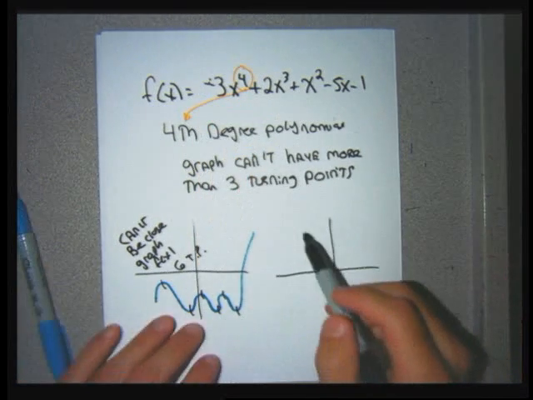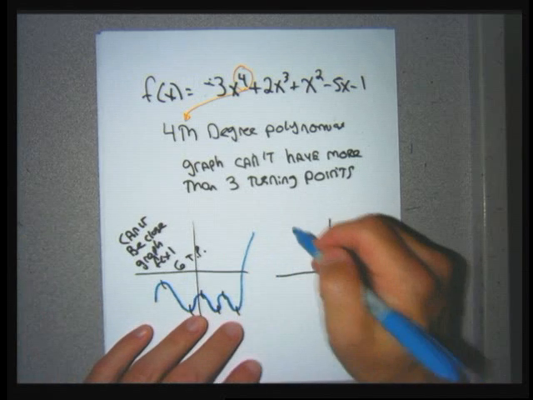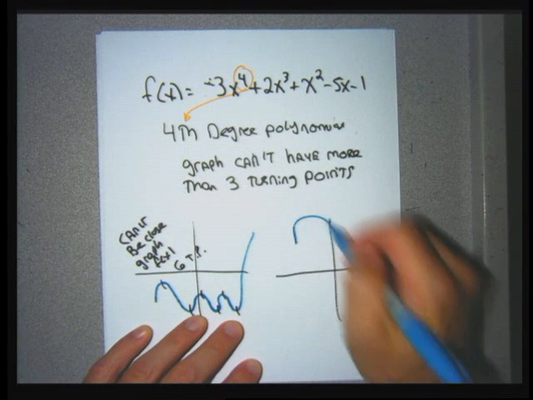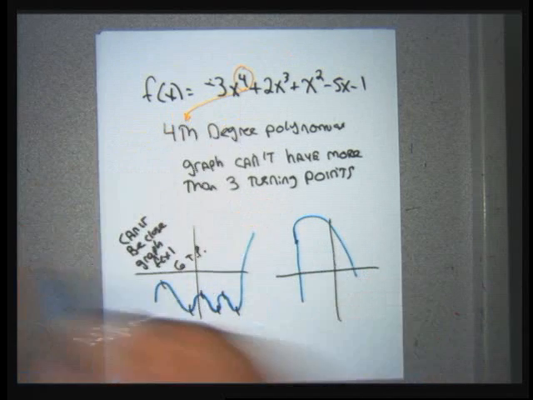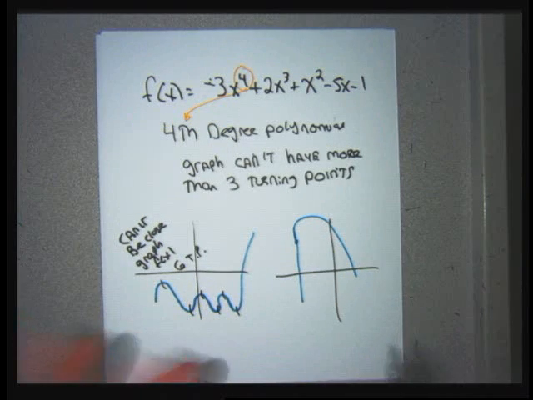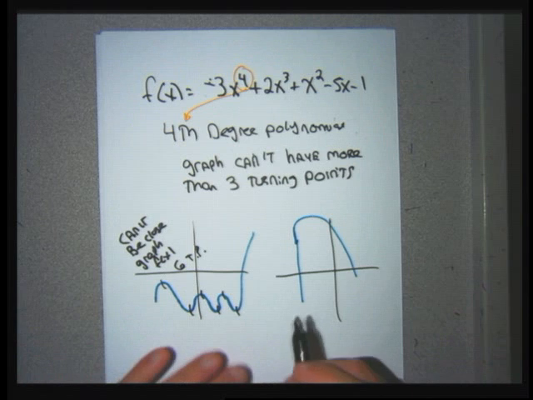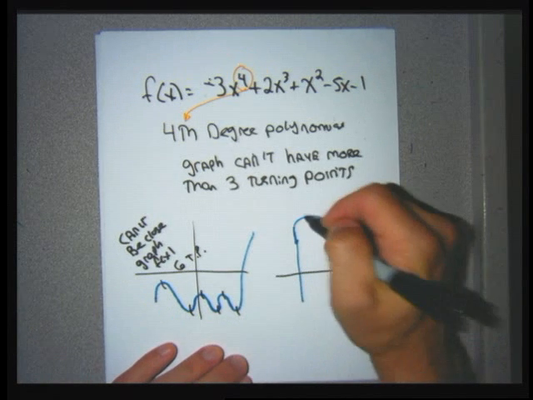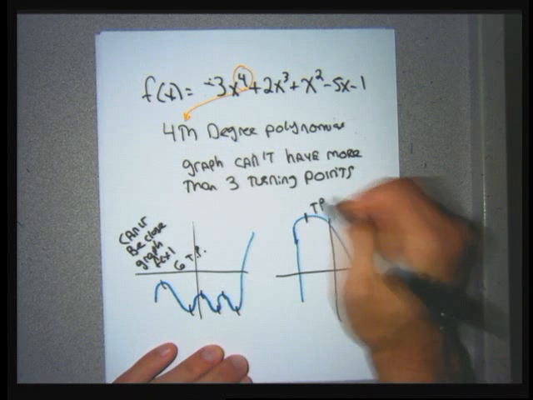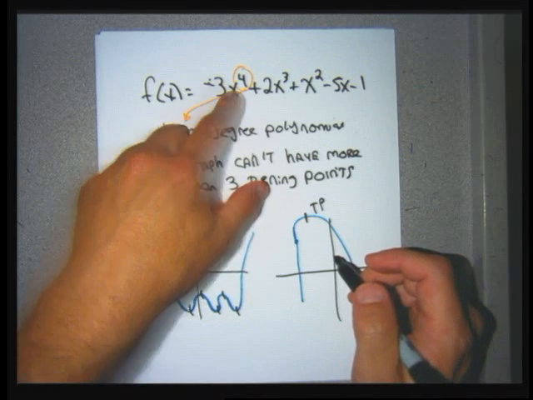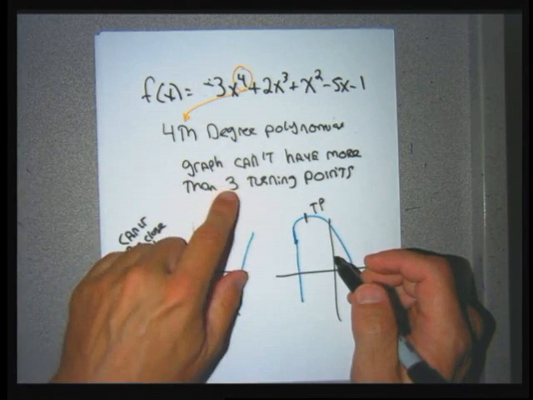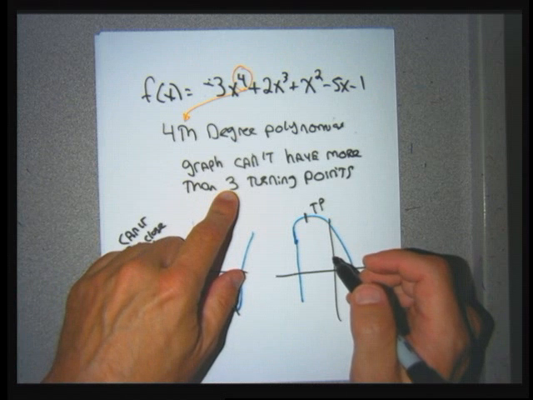For instance, this is potentially the graph of this function because it doesn't violate. I don't know what the graph of the function looks like, but this doesn't violate it because this right here only has 1 turning point, and a fourth degree function could have 1, 2, or 3 turning points. It can't have more than 3 turning points, but it could have less.